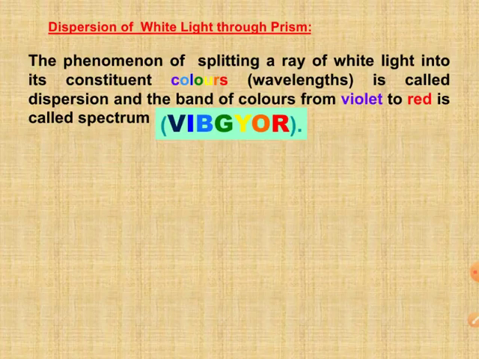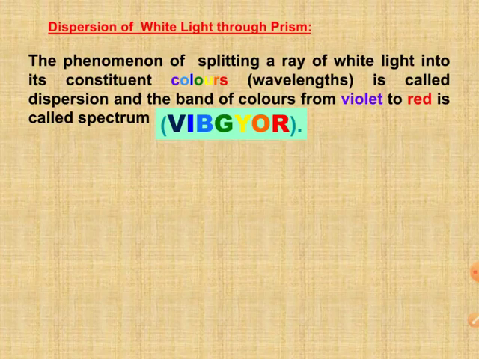We can define a prism as a transparent medium bounded by two plane faces inclined to each other, making an angle known as the angle of prism, and capable of producing dispersion of white light into its constituent 7 colors.